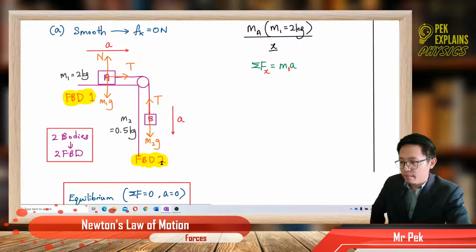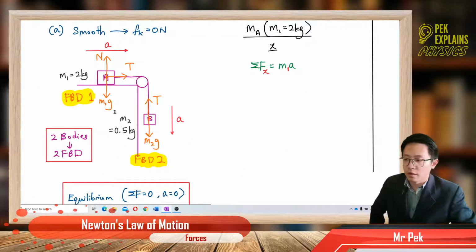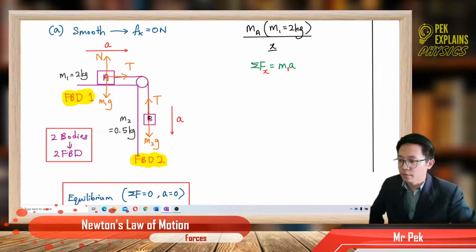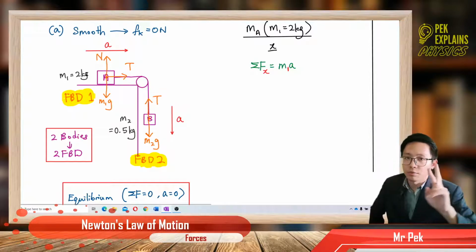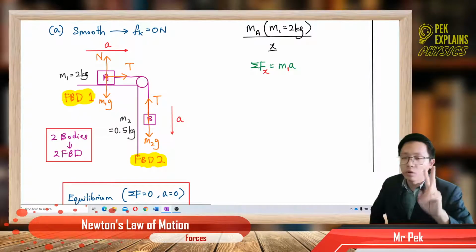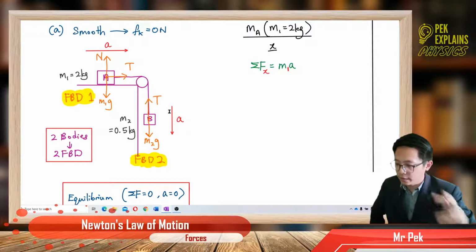Okay, guys, remember when we do forces, question about forces, you must draw the free body diagram first. You have two objects. So when you have two objects, A and B, you must draw two free body diagrams. Two bodies, two free body diagrams.